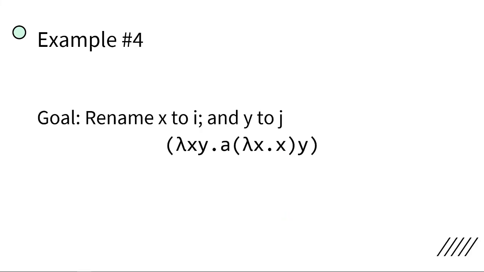Next, example number 4. Rename x to I and y to j. So simple. This x we rename into I, and then this y we rename to j. So again, this x is bound to this, because it has the nearest abstraction. It's like a local variable.